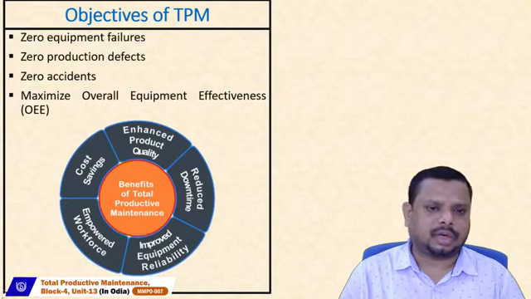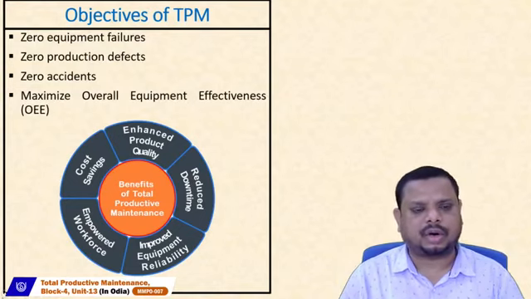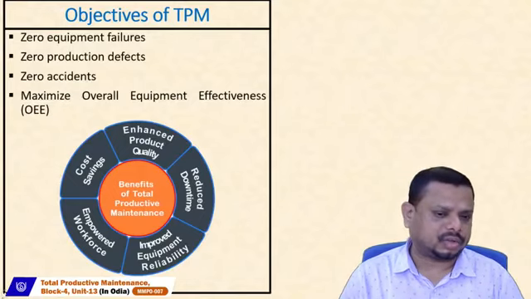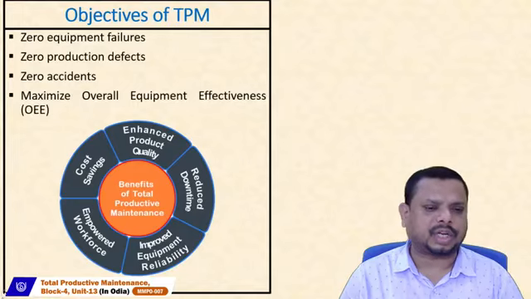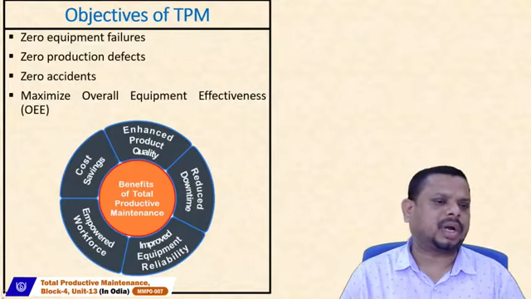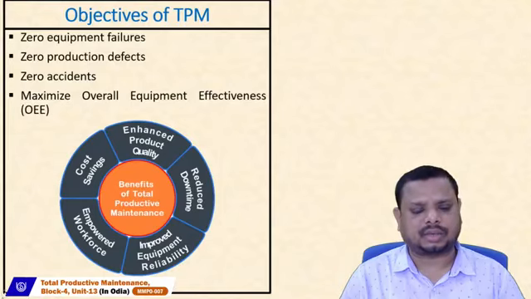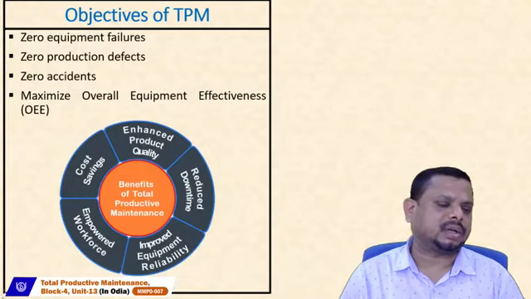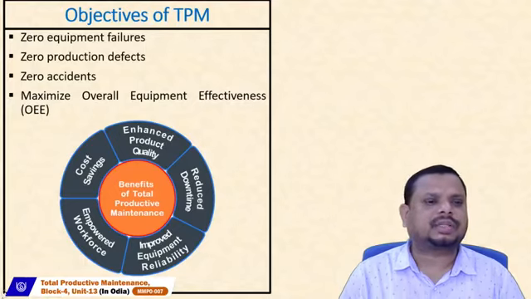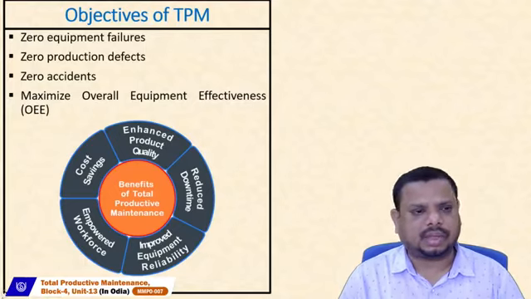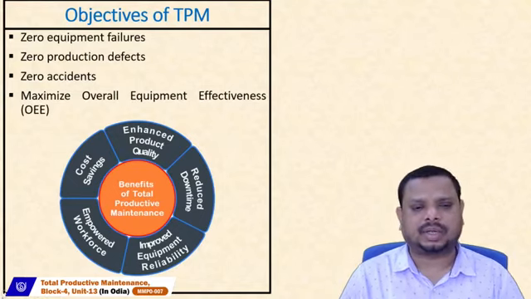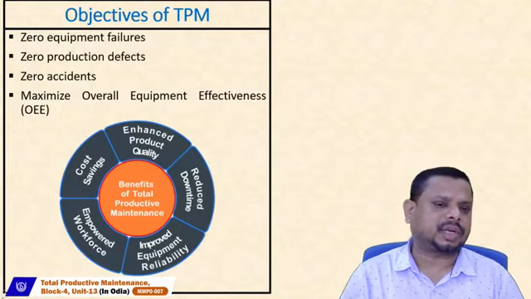So how are these objectives implemented in total productive maintenance? Whenever you introduce this system, with the participation of all levels of employees and through a philosophical approach like preventive and proactive maintenance, you introduce various maintenance-related strategies so that production goes higher, fewer defects are observed, fewer equipment failures are observed, and a higher level of safety is considered.